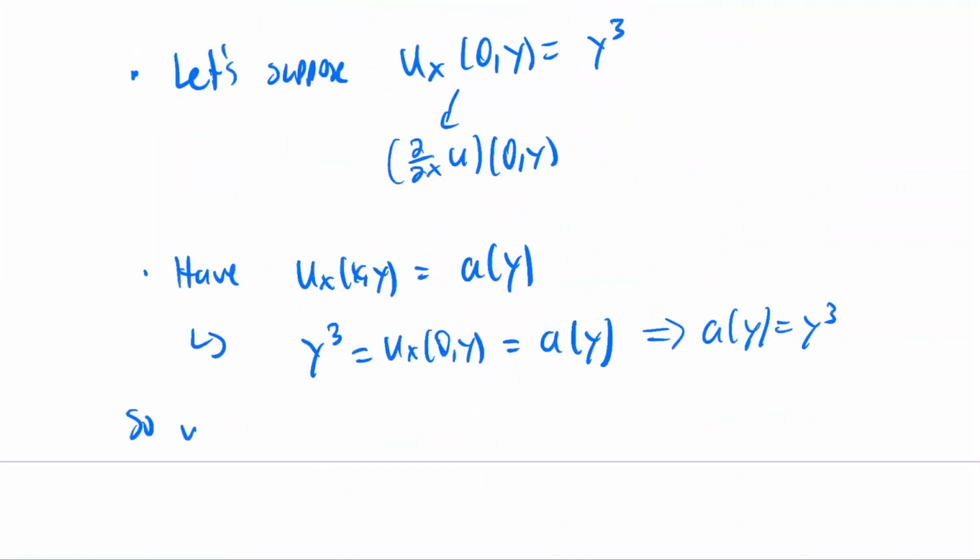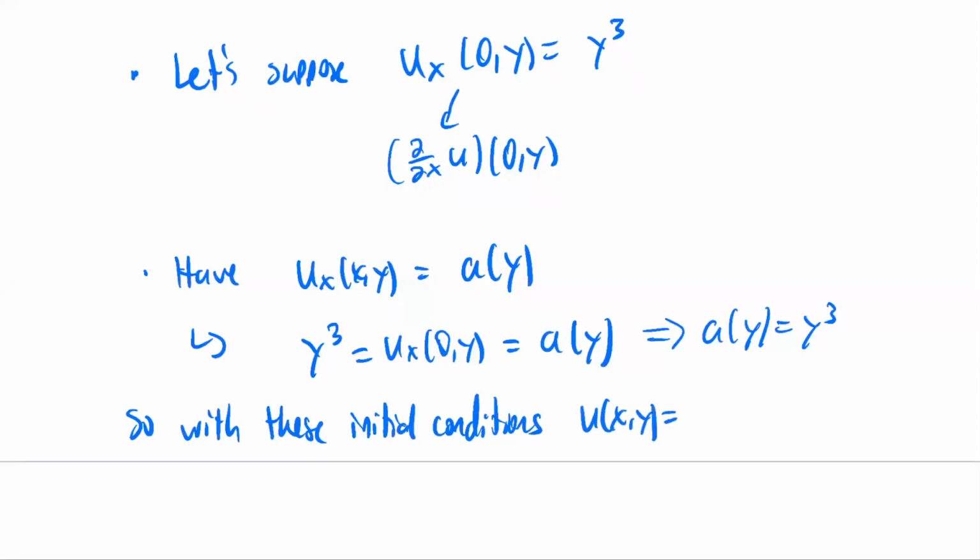And so with these initial conditions, our solution to the equation from above is given by x times y cubed plus e to the y. I got that backwards at first.